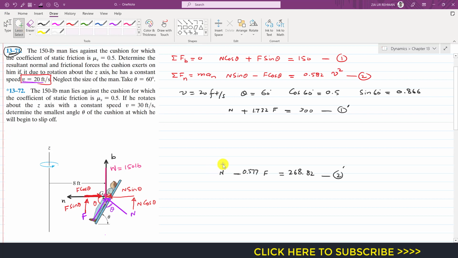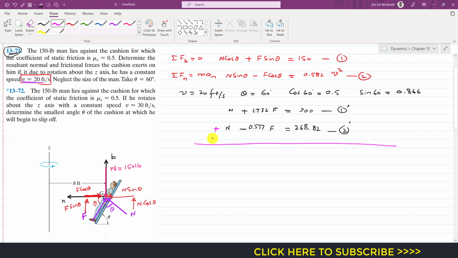So now if I subtract equation 2 from 1, this will become negative, this will become positive, and this will become negative, so the n terms will cancel out.